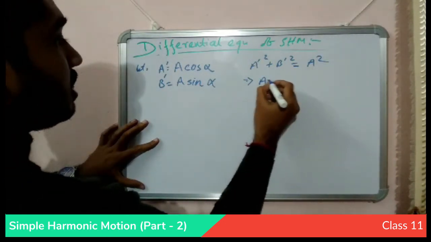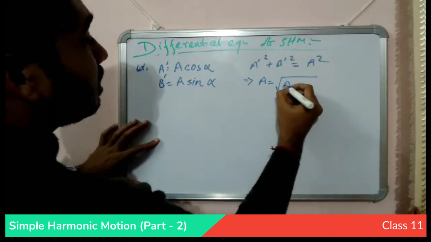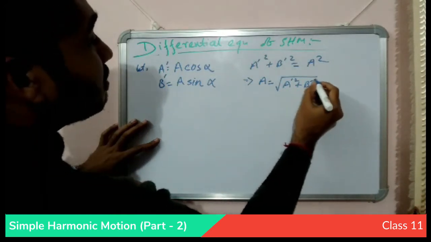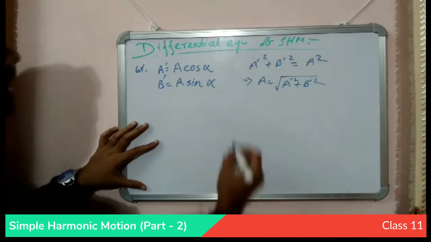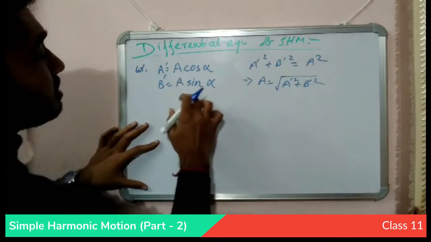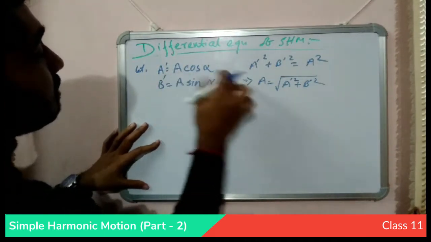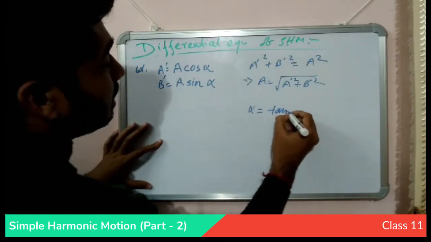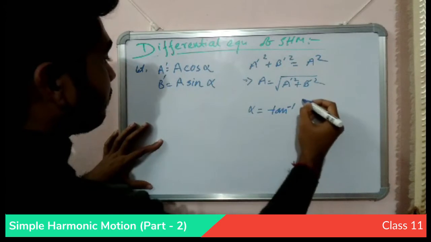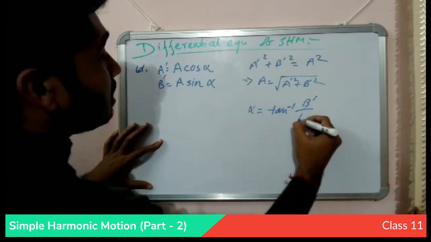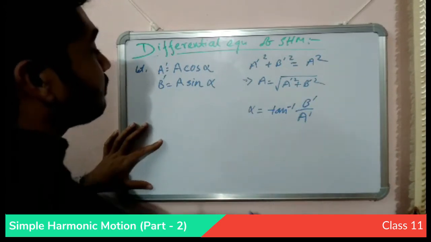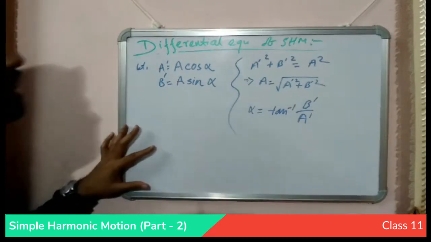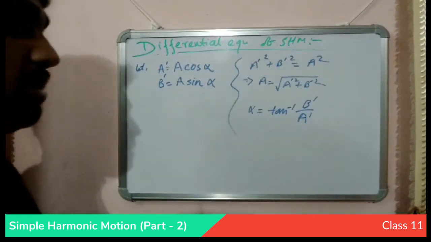So a is equal to root under a prime square plus b prime square, and sin alpha divided by cos alpha is equal to tan alpha. So alpha is equal to tan inverse b prime by a prime. These are some basic relations between a prime, b prime and a and alpha.